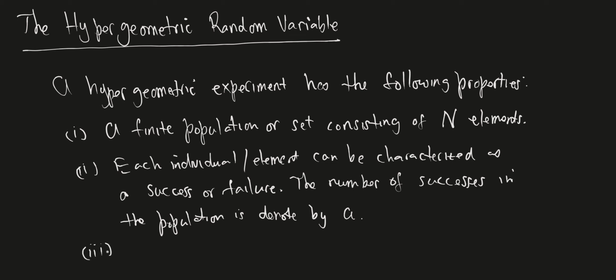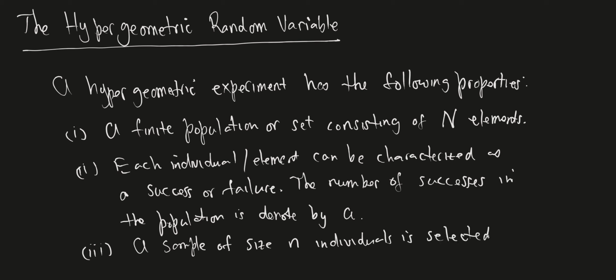And then the third thing is a sample of size n individuals or elements is selected without replacement. And that is the key.